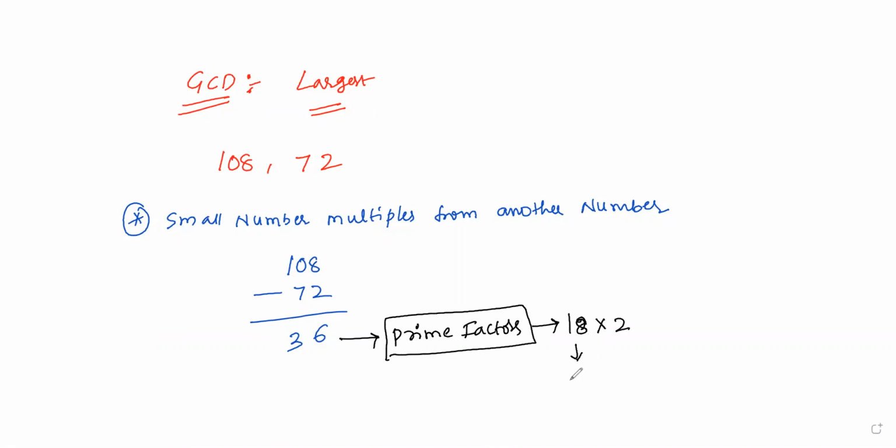So 18 is nothing but 9 times 2, and 9 is 3 times 3. So I finally got the prime factorization of this number as 3 into 3 into 2 into 2. It comes like that. Okay, are you getting my point?